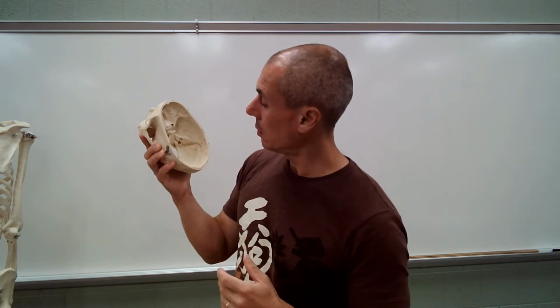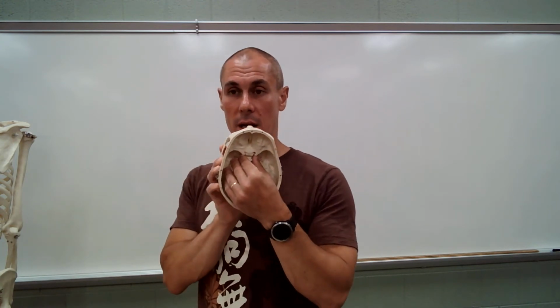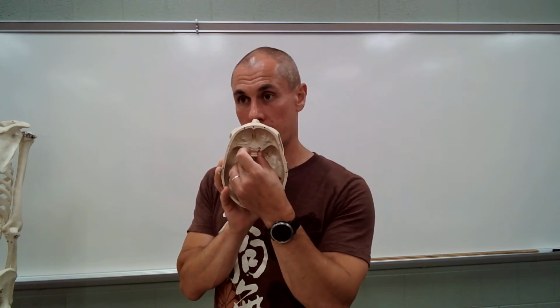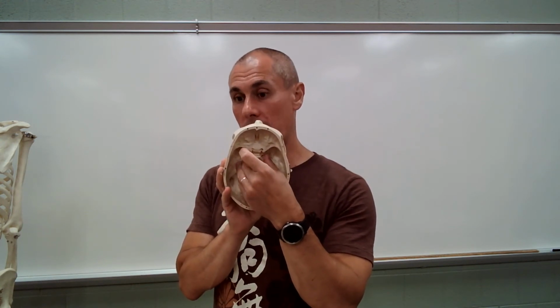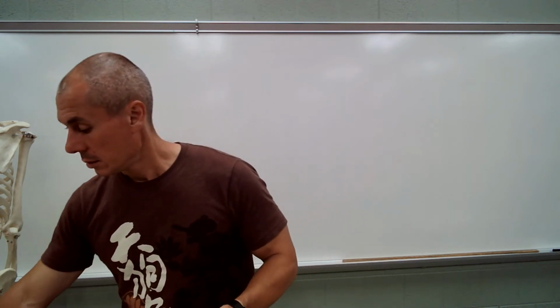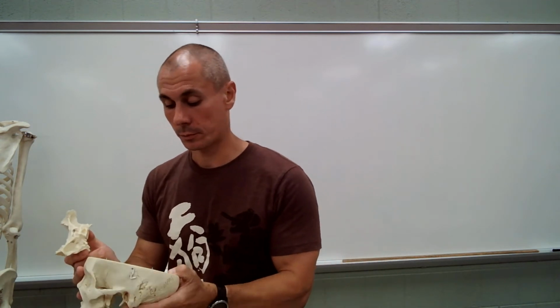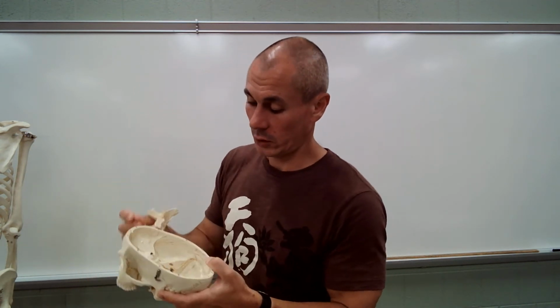Now, if you look really, really close at the middle cranial fossa, you may notice that the fossa itself is shaped kind of like a butterfly. The main part of that fossa is the butterfly-shaped bone, which is positioned like this in the cranium.